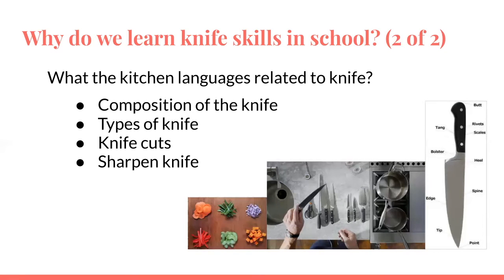The purpose of this flipped classroom is to give you basic knowledge of knife skill, but also to help you communicate in a professional language in the lab class or the place where you work. Okay, let's get started.